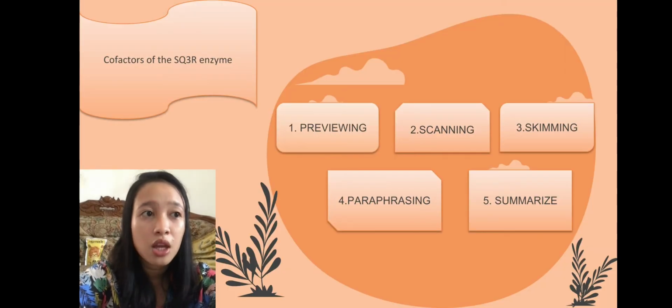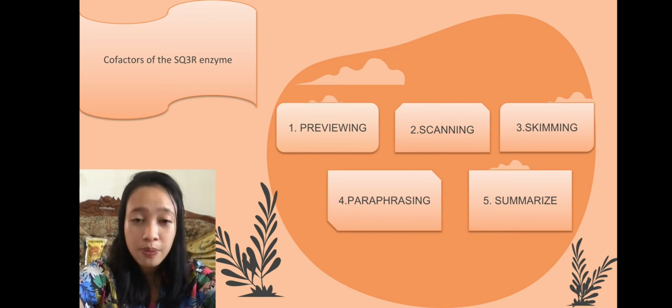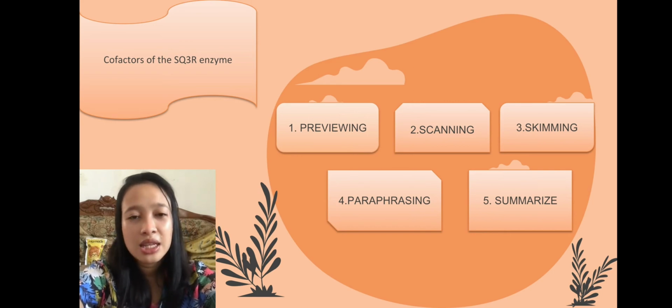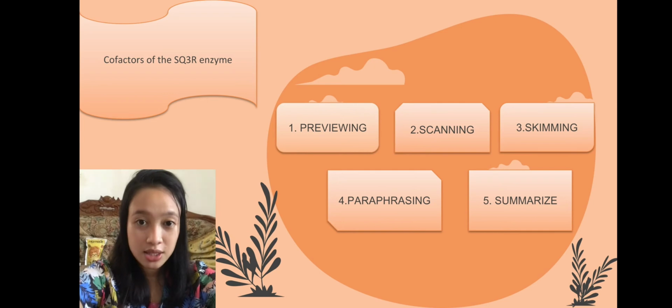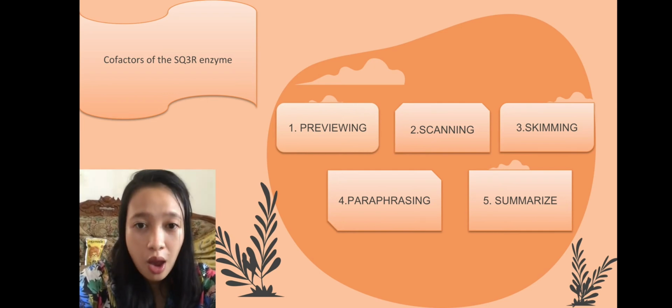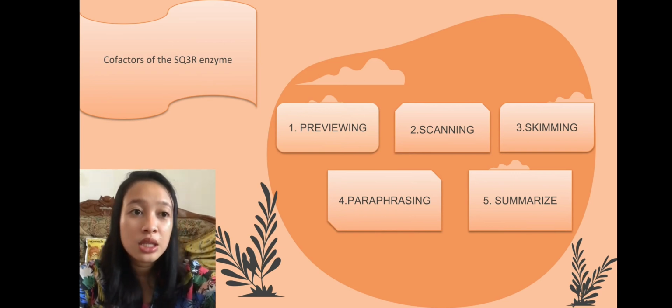Now, I would like to explain the cofactors of the SQ3R method. There are previewing, scanning, skimming, paraphrasing, and summarizing. Now I would like to explain one by one. The first is previewing.